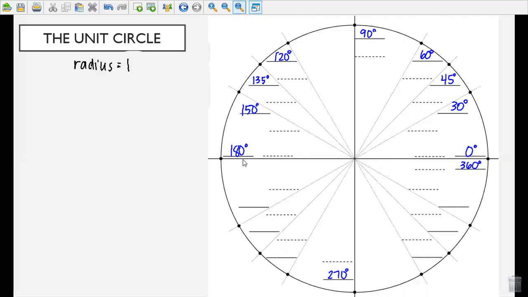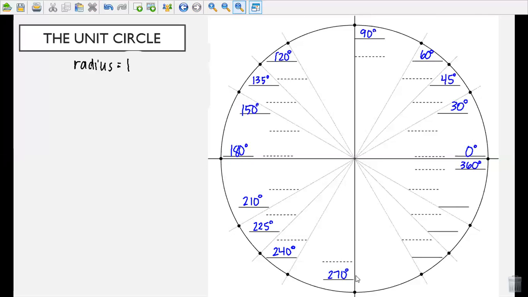If we keep going, same concept. My first one's 30 degrees, so 180 plus 30 is 210. 180 plus 45 is 225. 180 plus 60 is 240. And then we got our 270. So here's our third quadrant.